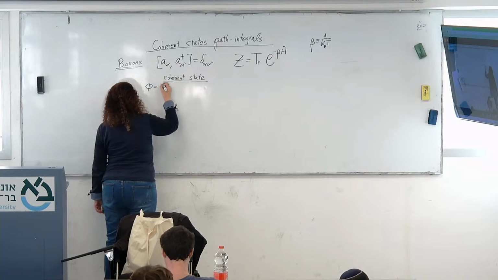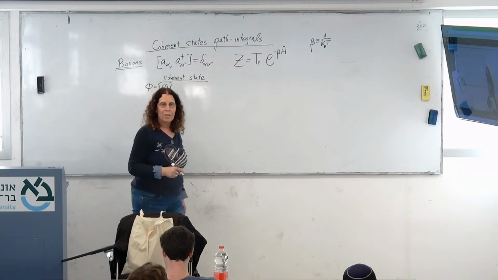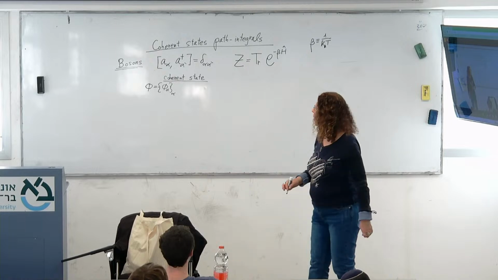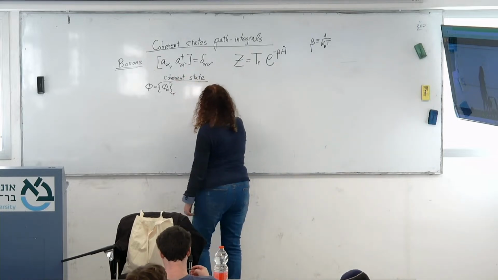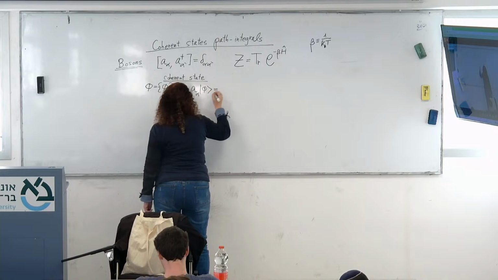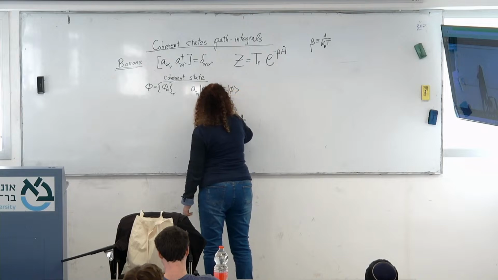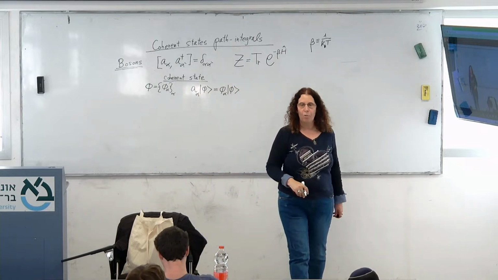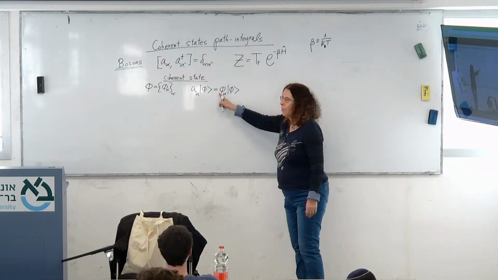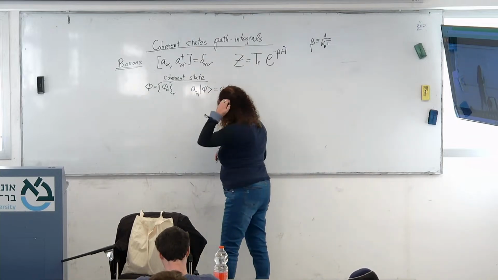It's a set of complex numbers, phi alpha, where alpha are the same quantum numbers. And it is defined such that for every alpha, A alpha acting on phi brings out phi alpha times the same state. In other words, phi are eigenstates of A alpha with eigenvalues phi alpha. Okay? So this is a definition of a coherent state.